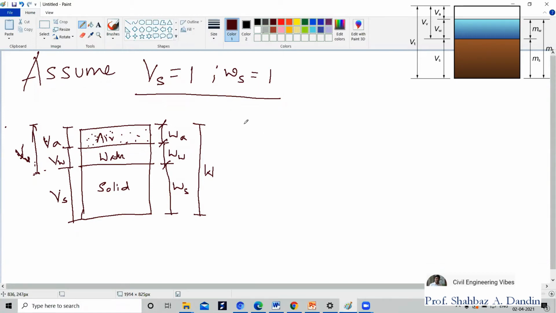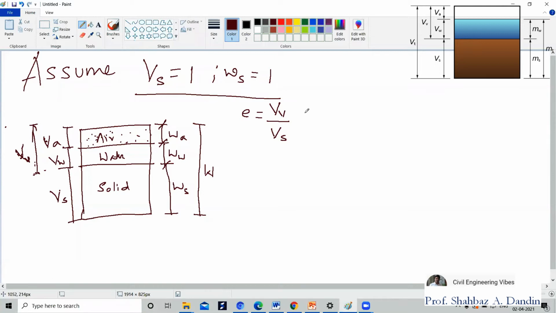Now I go with the relationship. Now what does your relationship say? Voids ratio is equal to what? Come on, volume of voids divided by total volume. No, that is porosity. Voids ratio is equal to volume of voids divided by volume of solids.